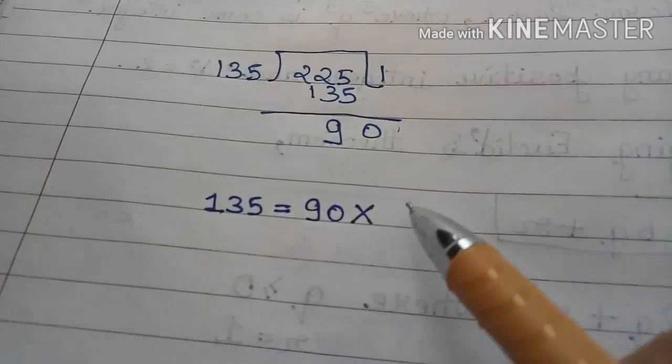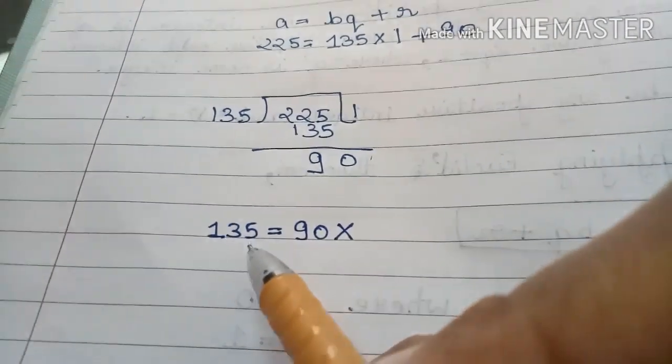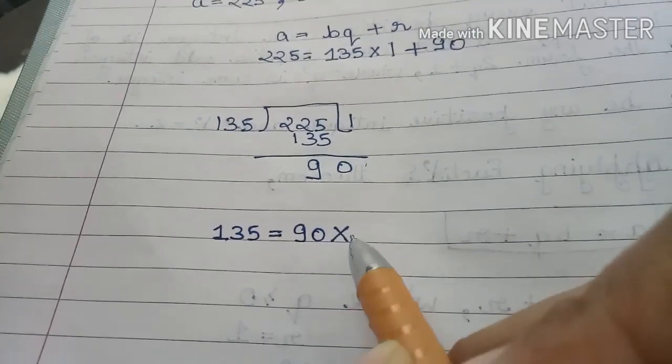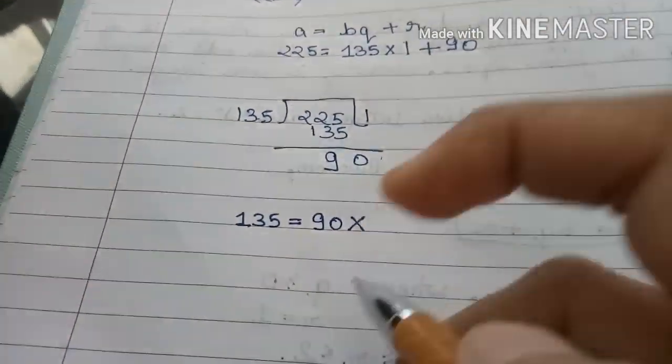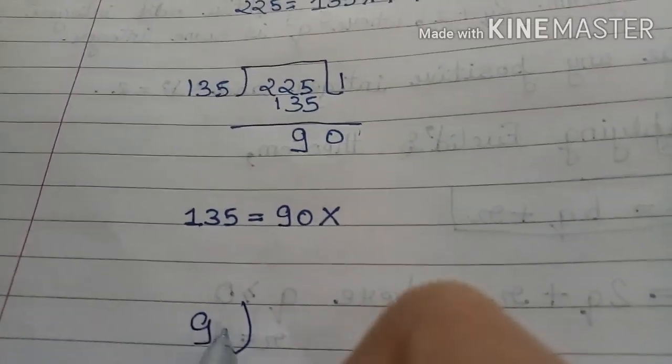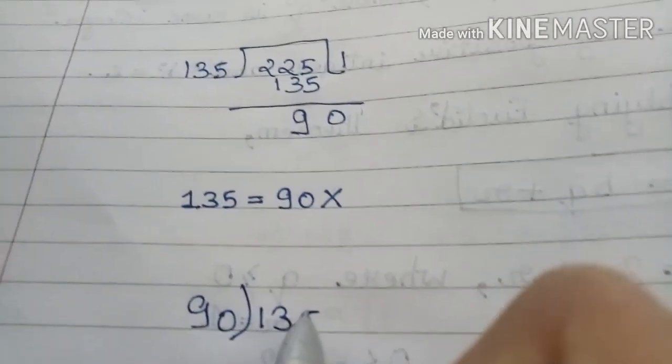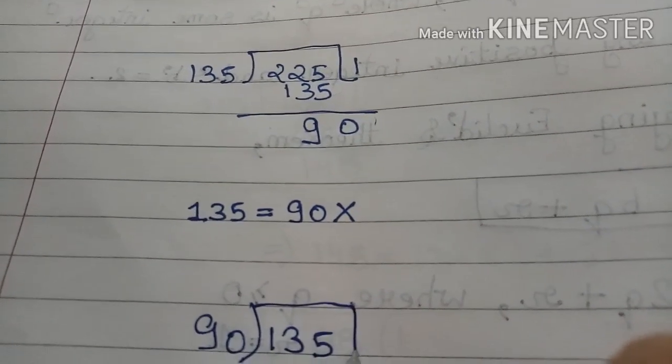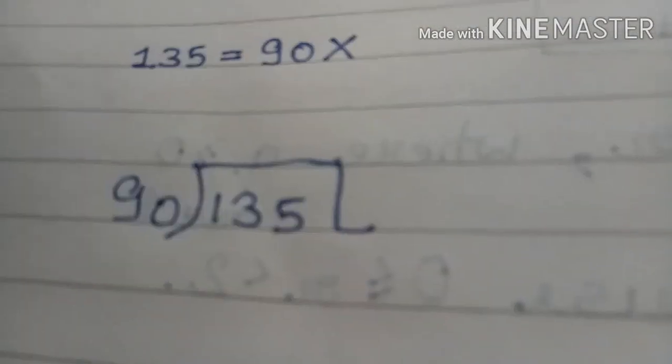Here we did that same step. 135 is equal to 90 and Q and R we have to calculate like this. We will simply divide 135 by 90 and just check out what Q and R comes.